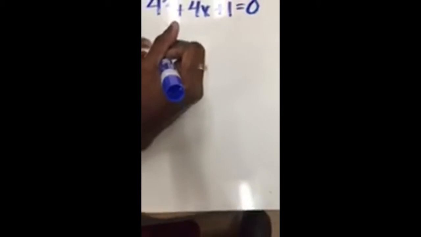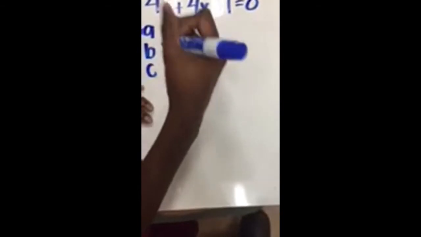Now moving on to an average problem, which will be 4x squared plus 4x plus 1 equals 0. We have to find a, b, and c.